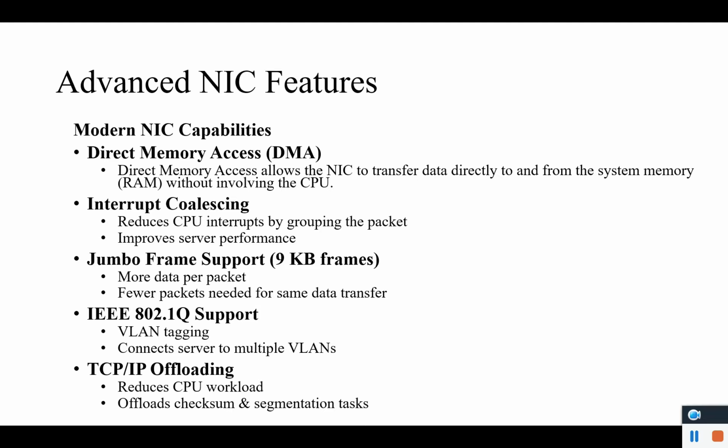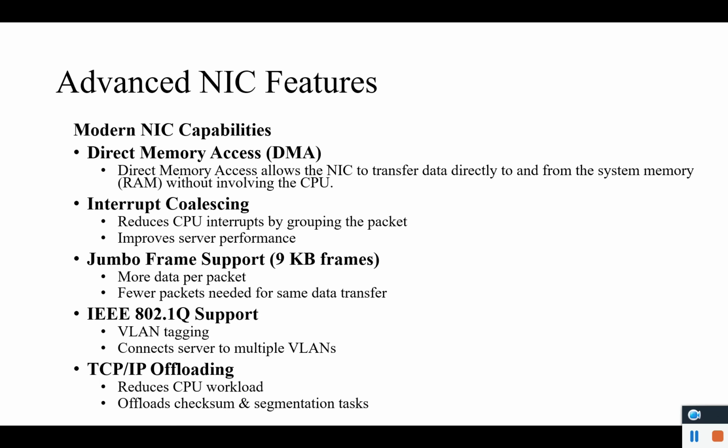Instead of generating an interrupt for every single packet, the NIC groups multiple packets together and sends them as a single interrupt. This reduces CPU interrupts and improves overall server performance. It is especially useful in high throughput environments.